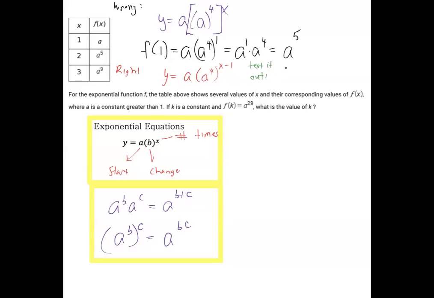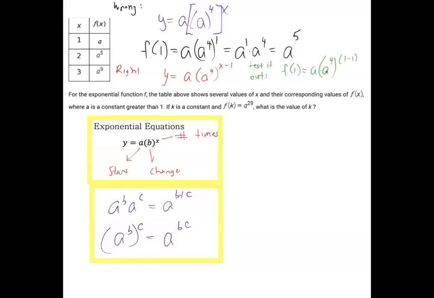We're going to test it out by doing f of 1 right now. F of 1 is going to give you a times a to the fourth to the 1 minus 1 power there. One minus 1 is 0.